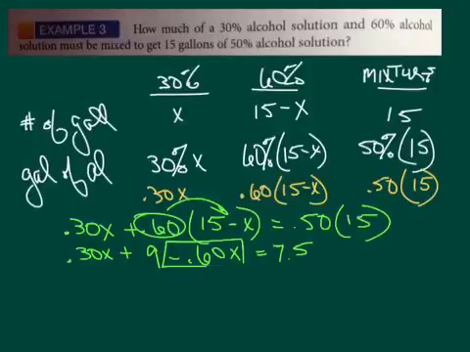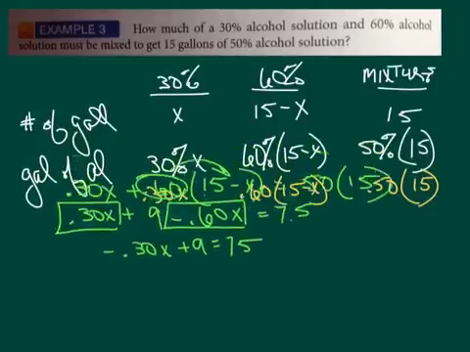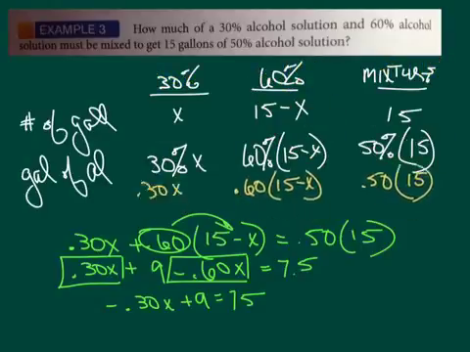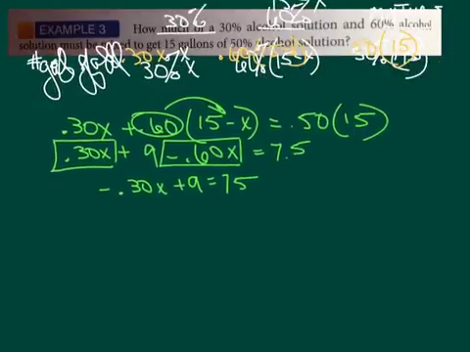We can combine this with this. So 0.3 minus 0.6 is negative 0.3. Okay, so I'm going to move this up a little bit, and move this stuff out of the way. There we go.